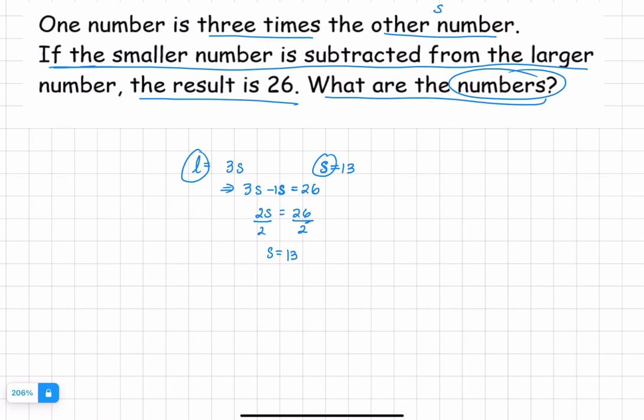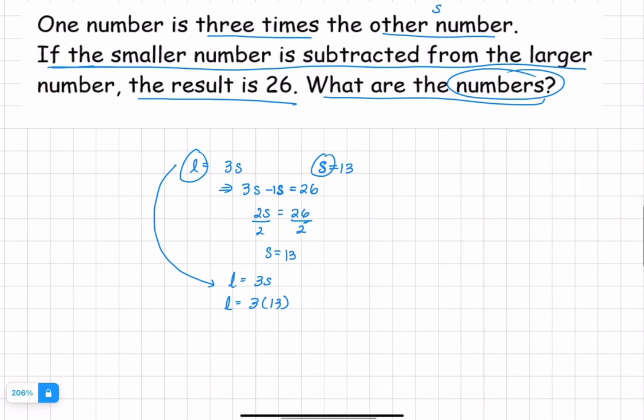And we know that the larger number equals 3 times s. So let's do that here. Let's bring this here. So L equals 3 times the smaller number, and the smaller number is 13. So 3 times 13, which is 39. So L equals 39.